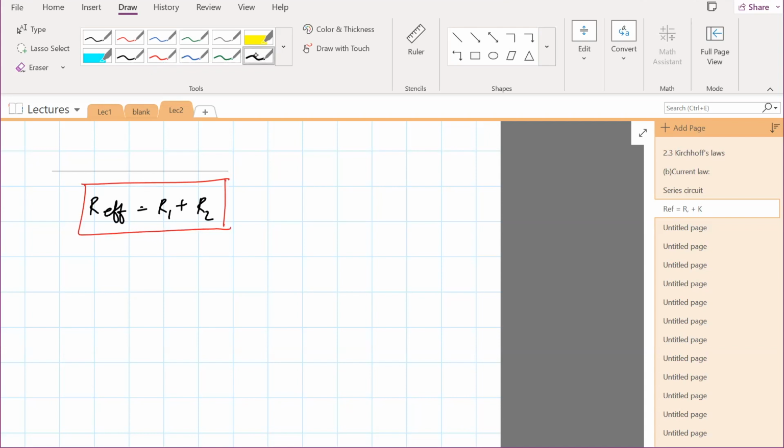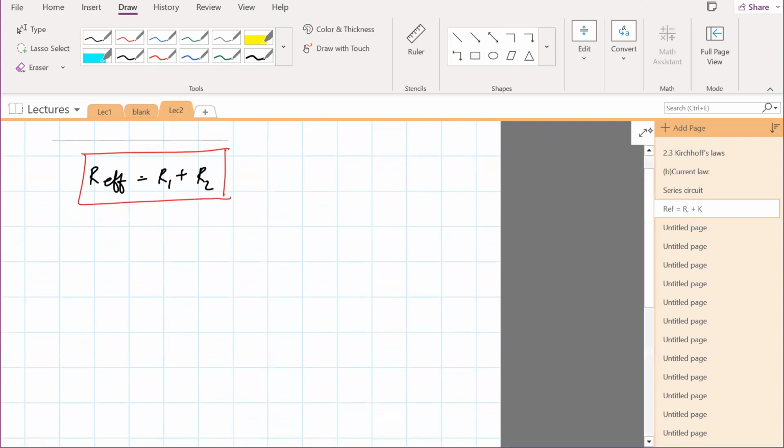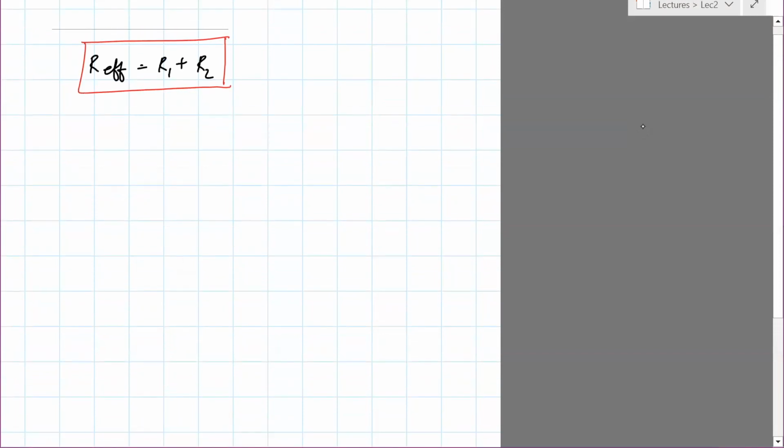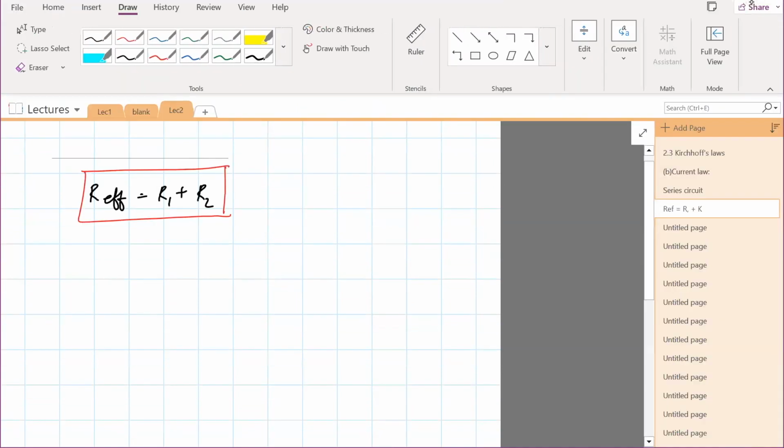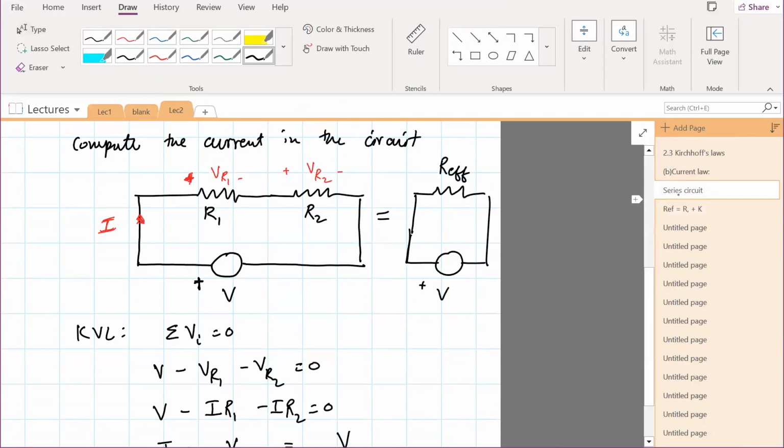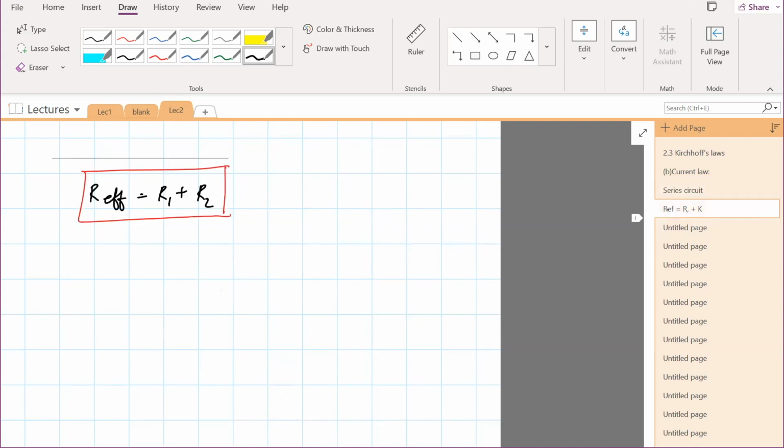Okay, so that's one part. The other part, which I think is very useful, especially when you're debugging any circuit, is to understand the voltage drop across individual elements. So here we have two elements, VR1 across R1 and VR2 across R2. We can compute that quite easily now that we have the current.